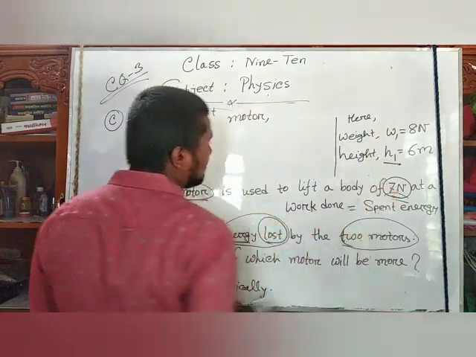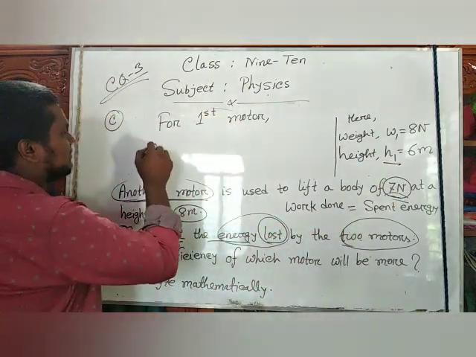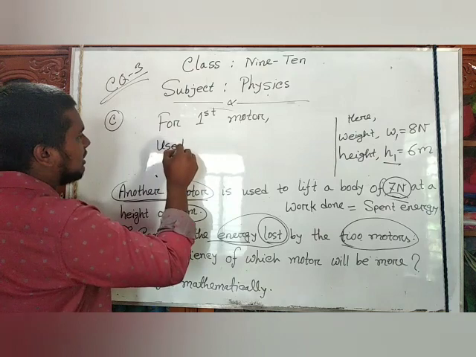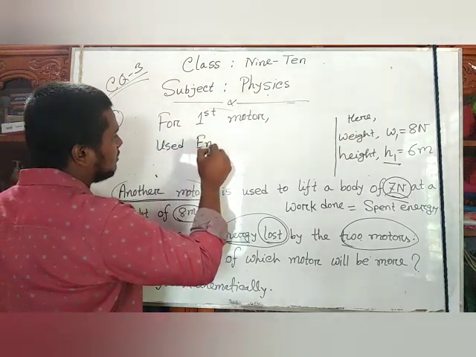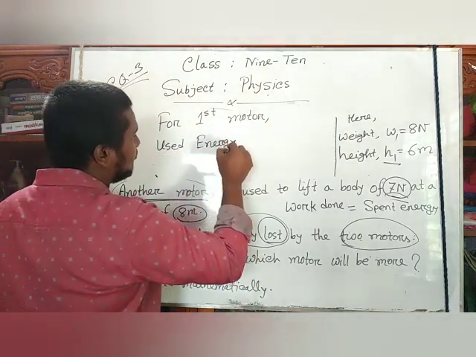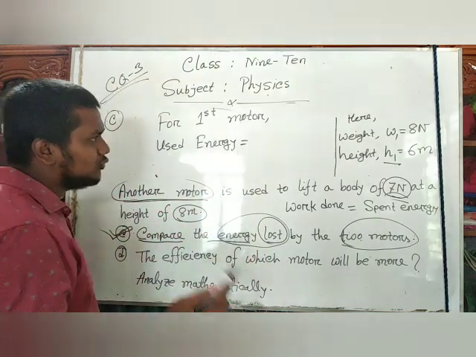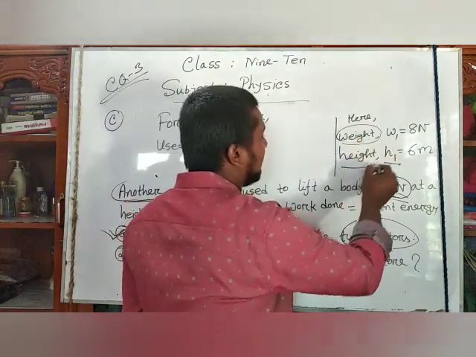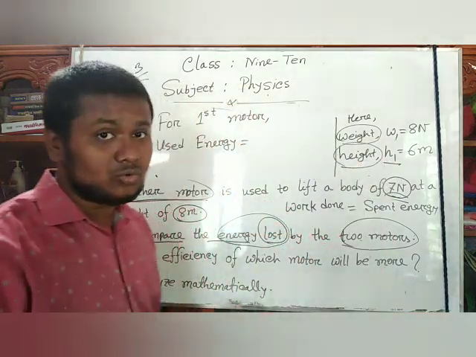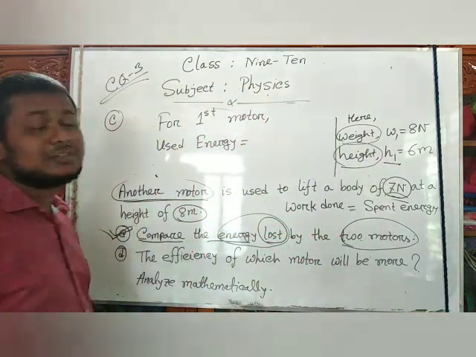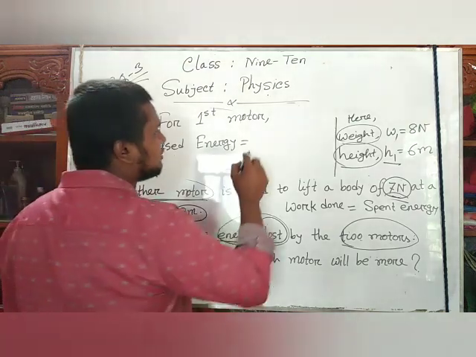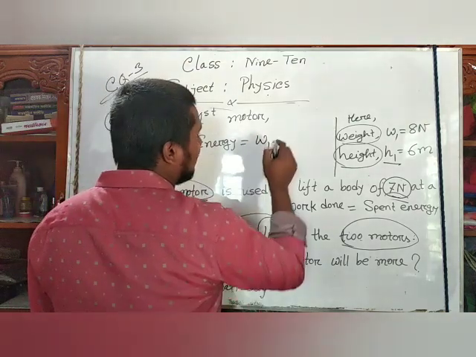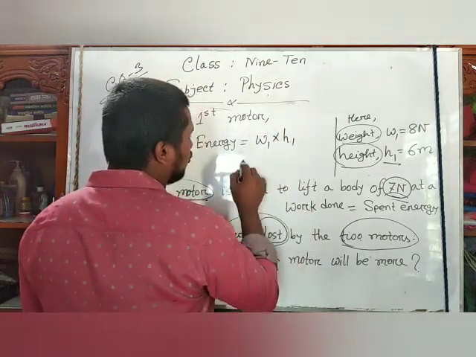Now we calculate with weight and height, that means used energy. You know that we said that if we multiply weight and height, then we get the used energy or spent energy. So used energy is W1 into H1. So what do we get?